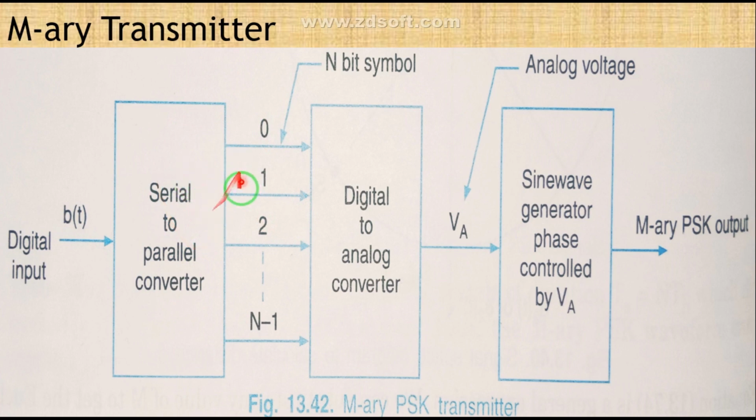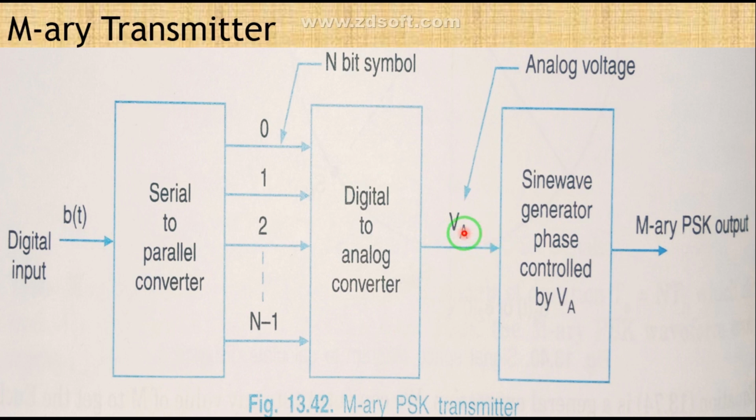Now, the n bit output of the converter is applied to the digital to analog converter. Depending on the n bit digital input, it produces an analog voltage, that is VA. And as we know, the n bit digital input can have 2 raised to n equal to M possible combinations.